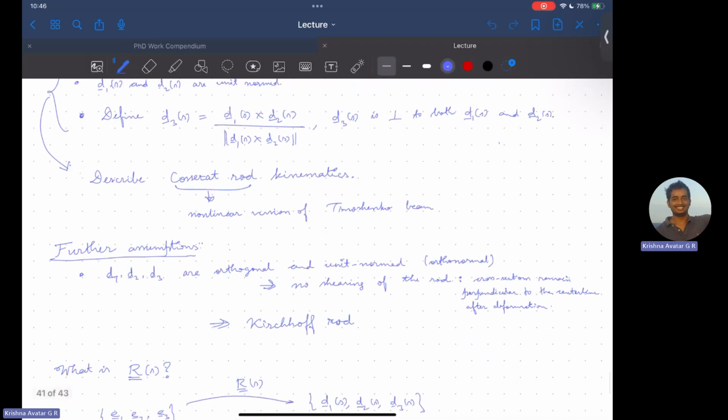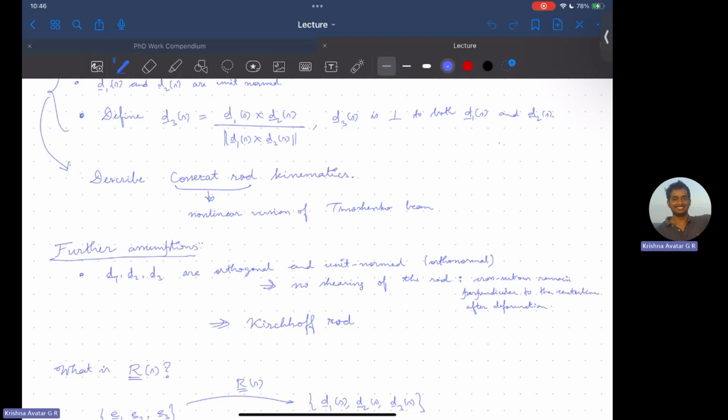Then using this, we could construct the third basis vector, which is D3. And D1, D2, D3 form a triad of basis vectors. D3 is perpendicular, of course, to both D1 and D2 by virtue of the vector calculus, right?